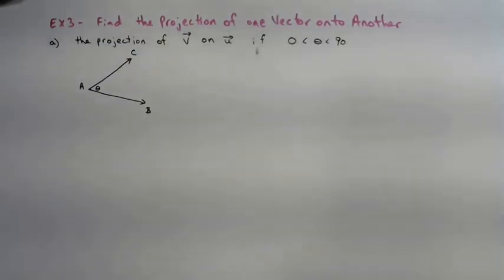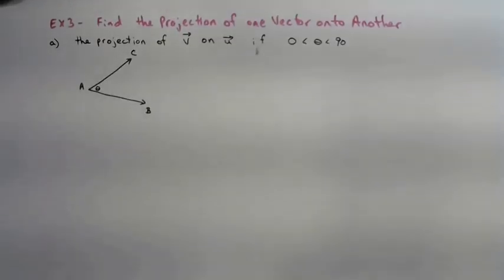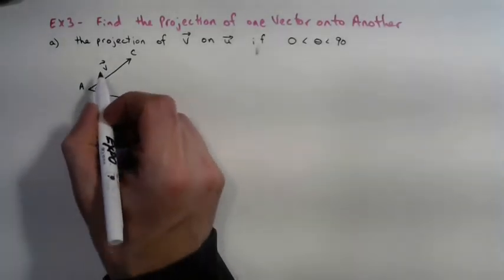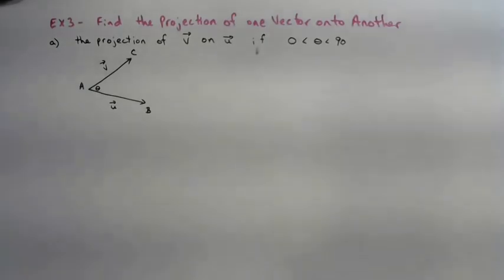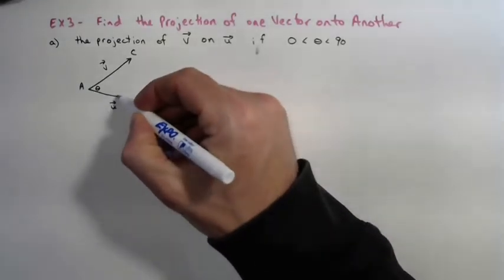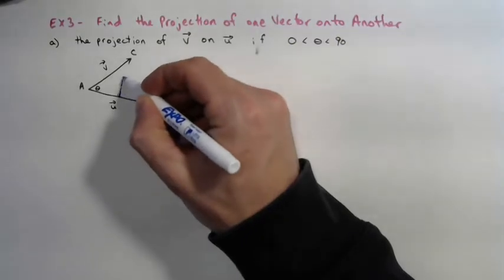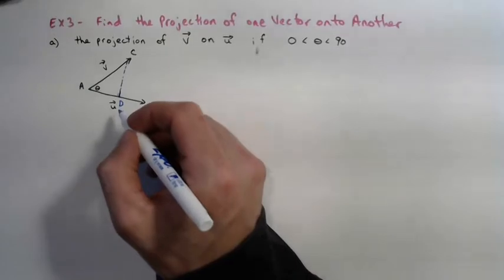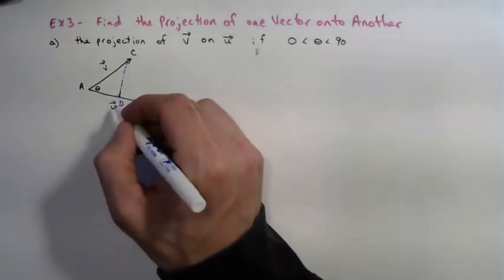And we're going to construct the line segment that's going to show us the projection of vector V onto vector U. Now that projection forms a 90-degree angle, a right angle triangle, and we're going to call that point D. So now DC is, I guess I'm going to say, the vertical component.